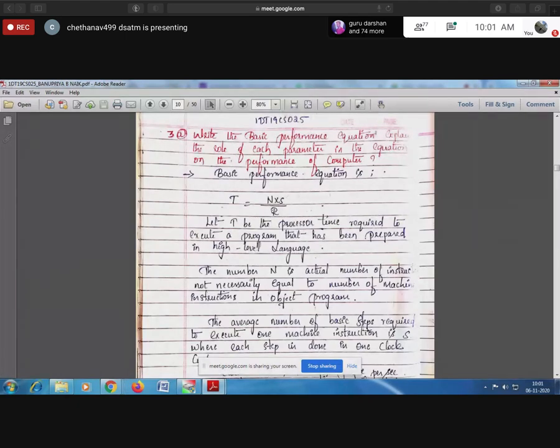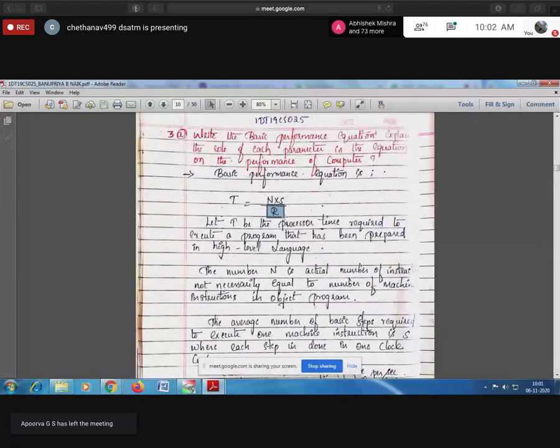Now R is nothing but the capacity of the processor. In your class, out of 90 students, some are very good and some are very weak. Some students will get the concept completely as soon as the faculty teaches, while some will not be able to grasp the complete concept and want to study one more time.